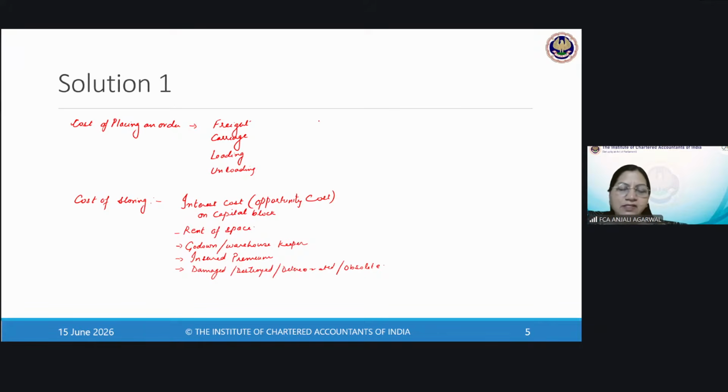So looking at these two types of cost, it implies that if on the x-axis you keep units, the more units you keep, the storage costs will increase.